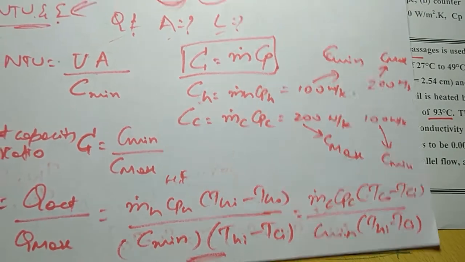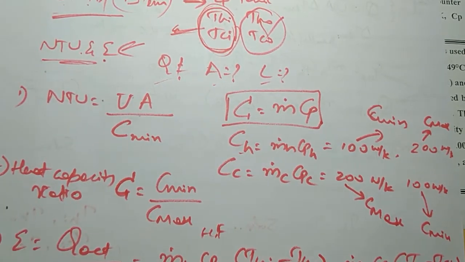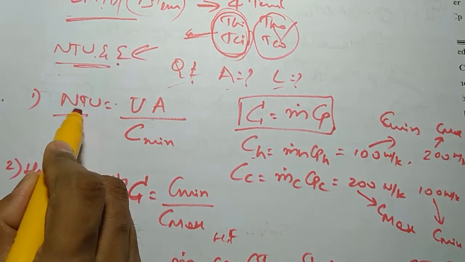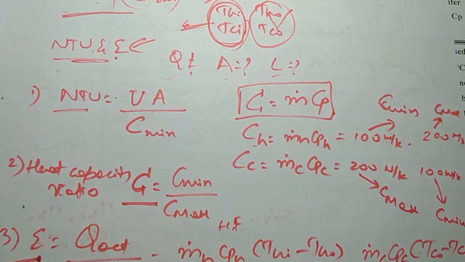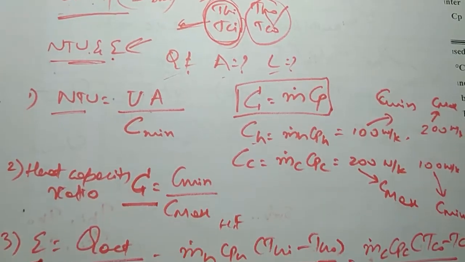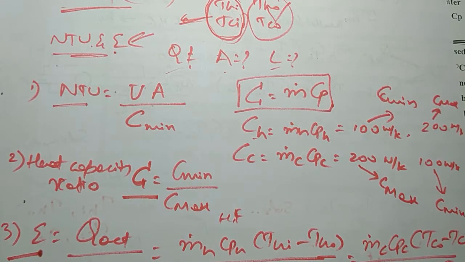These equations we will use to find out the unknowns: NTU, C, effectiveness. Using these equations you can find out Tho, because in the NTU method problem you know the Thi and Tci.